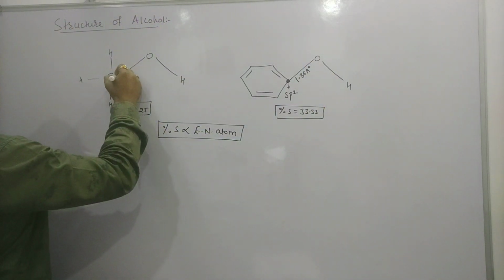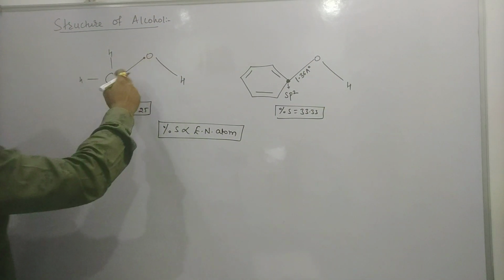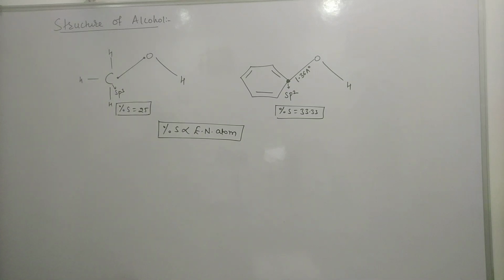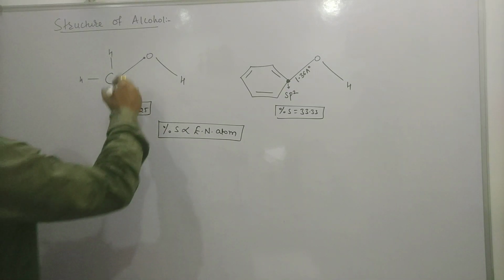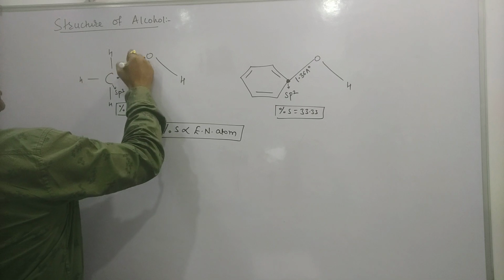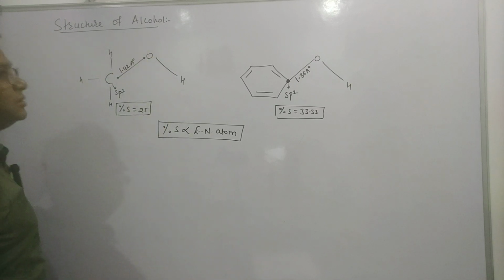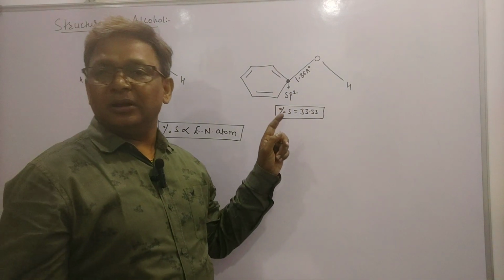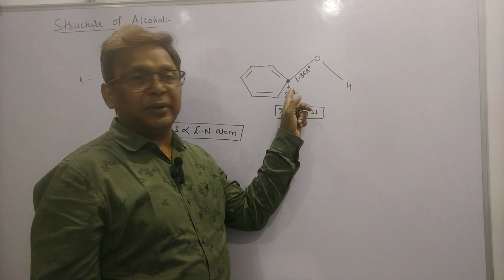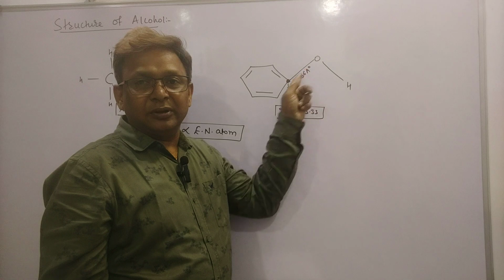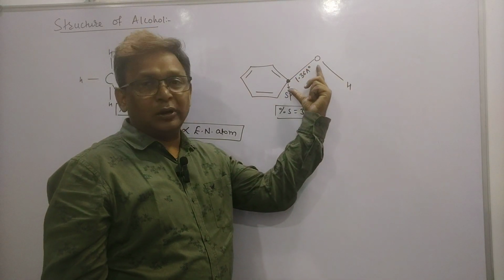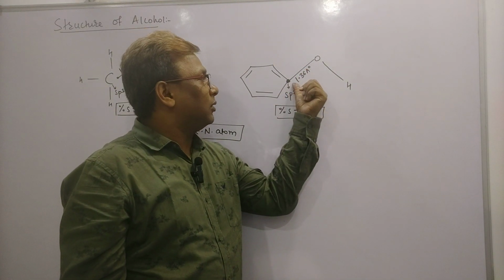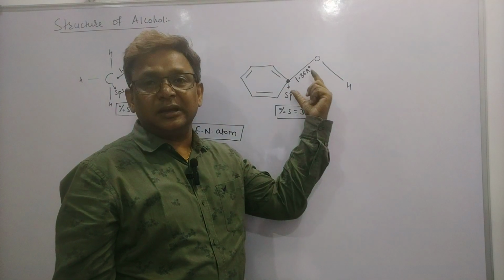And if you check the carbon to oxygen bond length of methyl alcohol, it is 1.42 angstrom. This means the more electronegative carbon pulls the electrons from the oxygen, so the bond length between the benzene carbon and oxygen decreases.